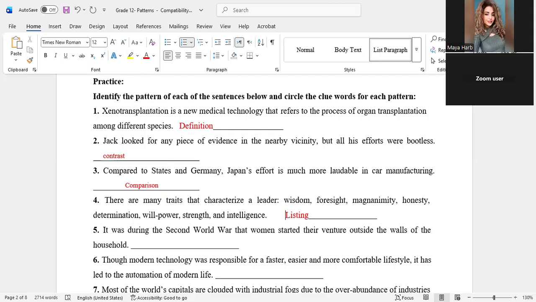Okay, so in this case, am I talking about a time? Are you saying that during that time, during the Second World War, women started to work outside their homes? Isn't this a time?